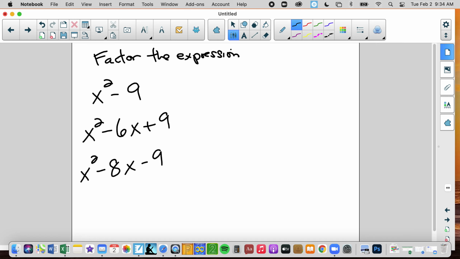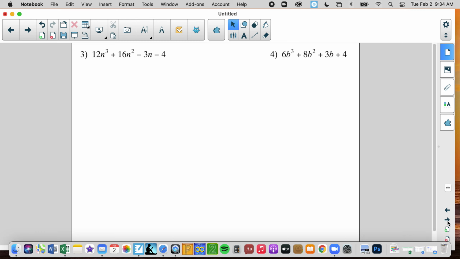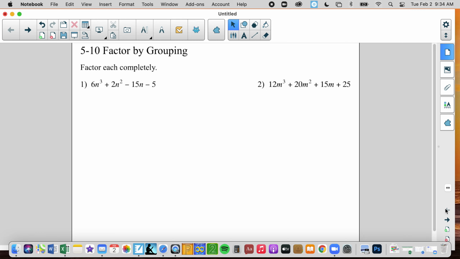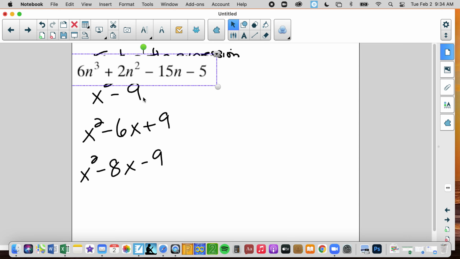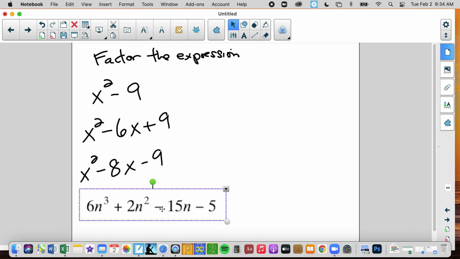Or you could get an example that looks like this. Let's take that first one and add it to our list. Let me copy it. Or you can get a problem that looks like that. Let's put that in our order.